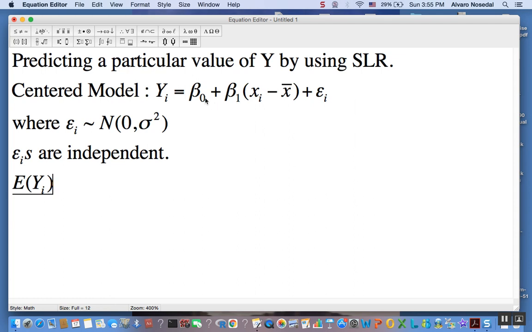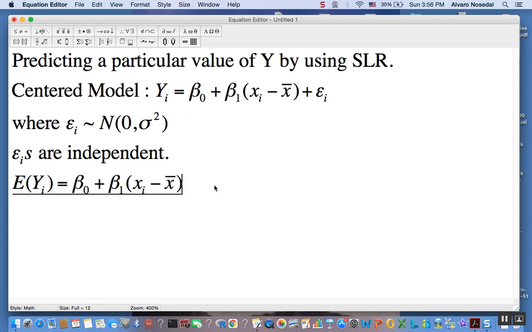They are unknown constants, but constants. And xi is given: once it's observed, it's constant. So the only random variable in the expression that defines yi is epsilon. The expected value of a constant is just the constant, and the expected value of epsilon i is 0. So this would be the expected value of our response variable.